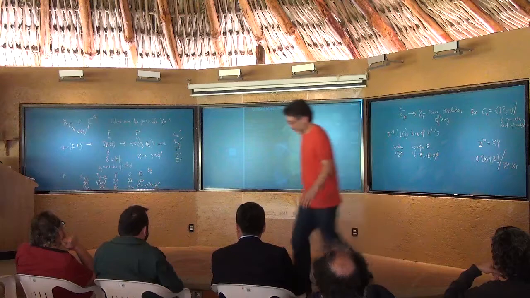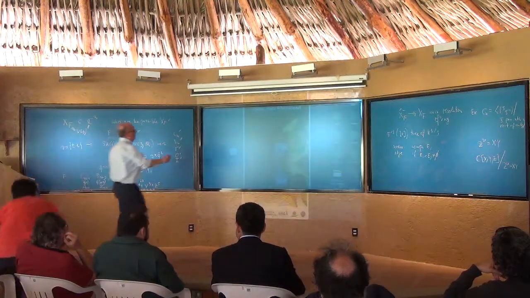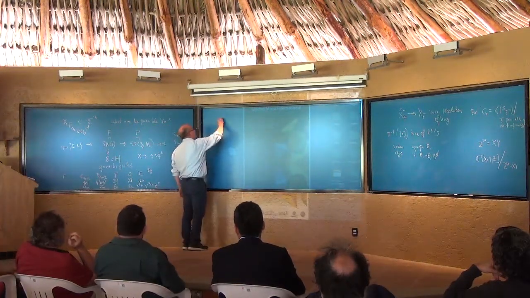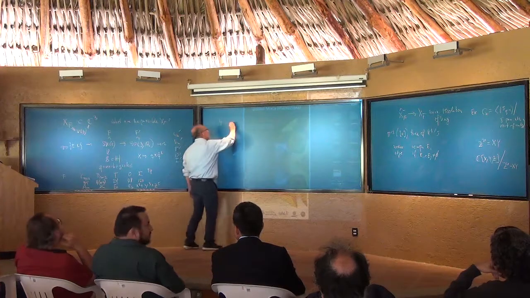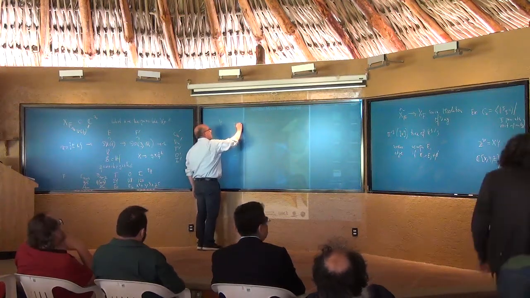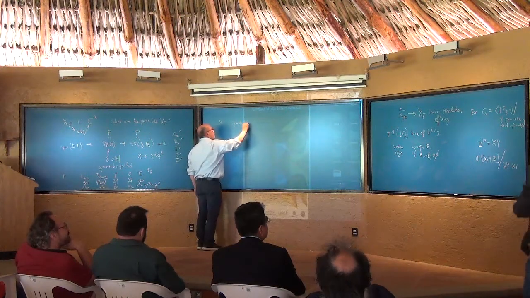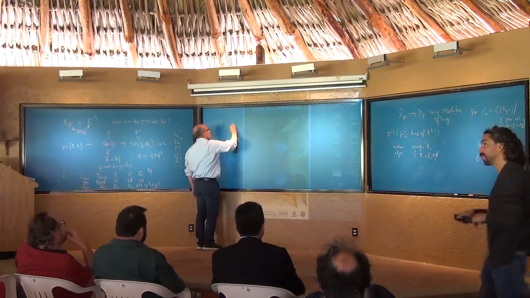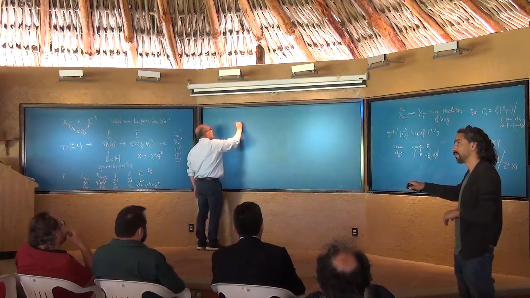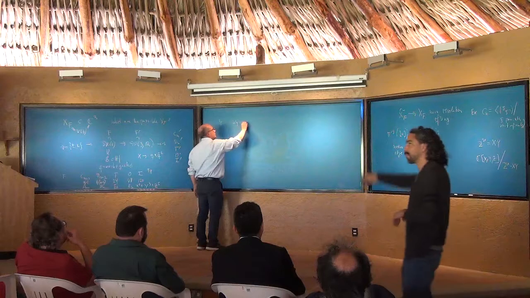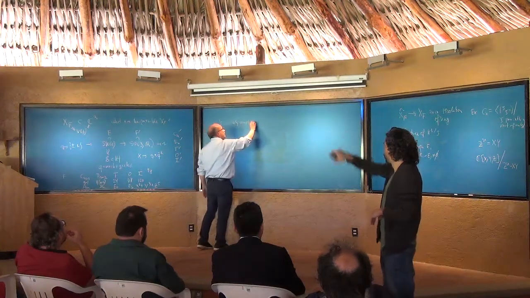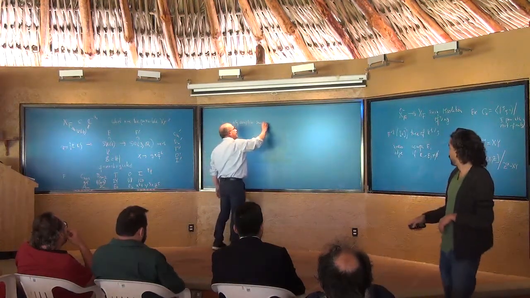So I close this. Okay, so what do I understand by a symplectic variety? Start with Y, an algebraic or complex smooth variety.